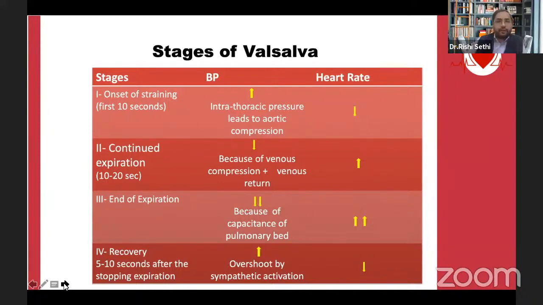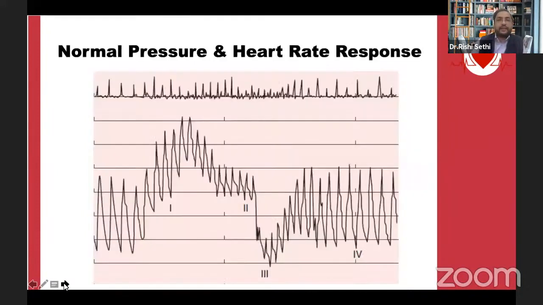There is a further fall in the blood pressure and increase in the heart rate because of the sudden compliance of the pulmonary blood, which is increased. And phase 4 is the overshoot. In the next 5 to 10 seconds is the overshoot where the BP rises and the heart rate falls because of the sympathetic overactivity.